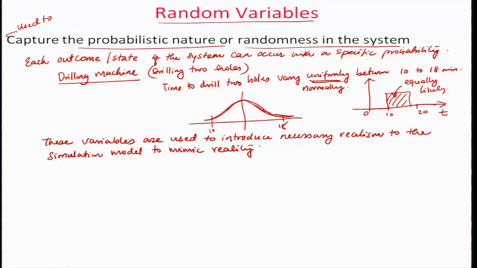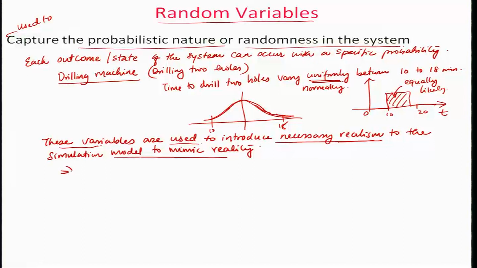Okay. So, these variables, variables means these random variables, are typically used to introduce necessary realism, or necessary randomness, into the system, so that you can model reality.